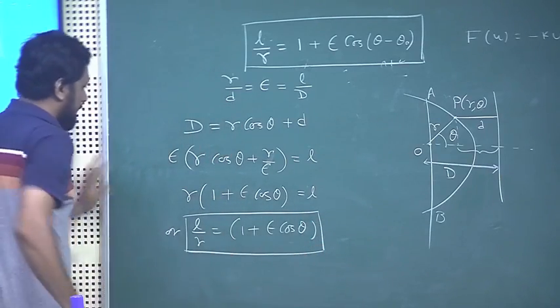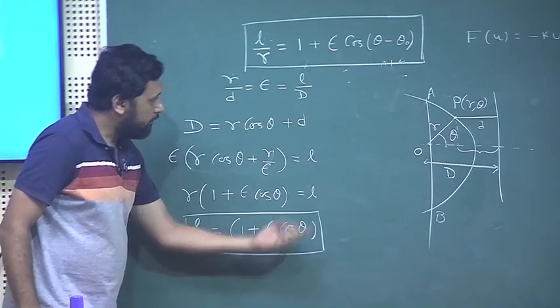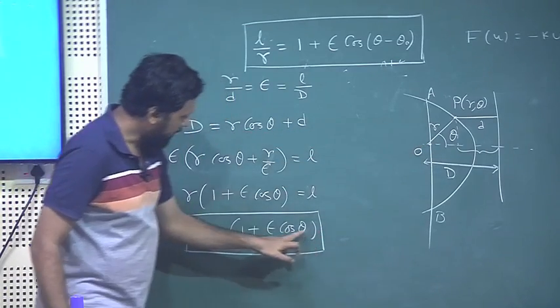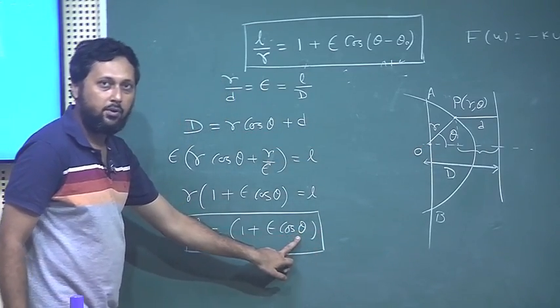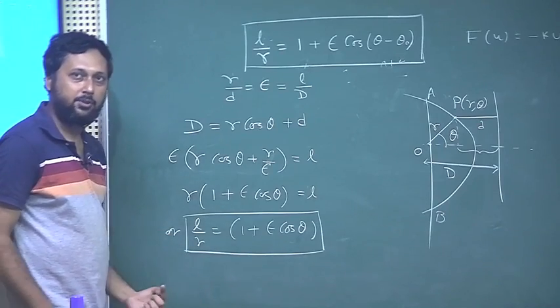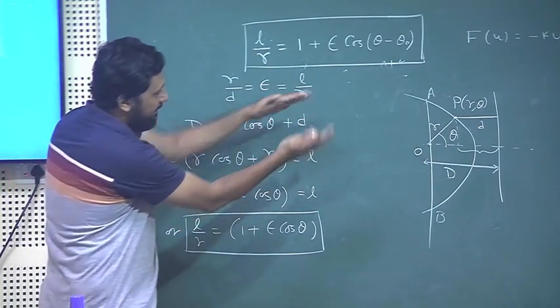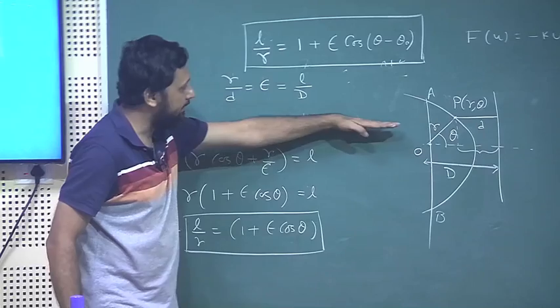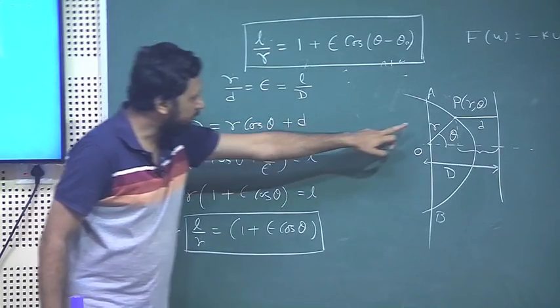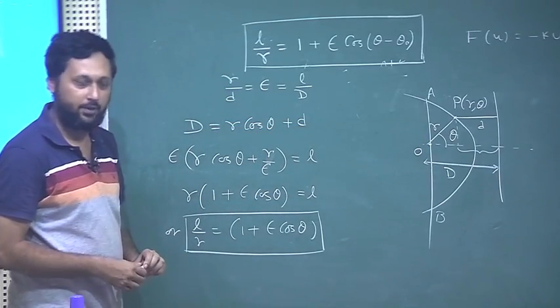Because we took it symmetrically, we got theta 0 equal to 0 and we got L by r equal to 1 plus epsilon cos theta. If our picture is slightly tilted with a reference angle theta 0, then instead of theta we have to put theta minus theta 0.